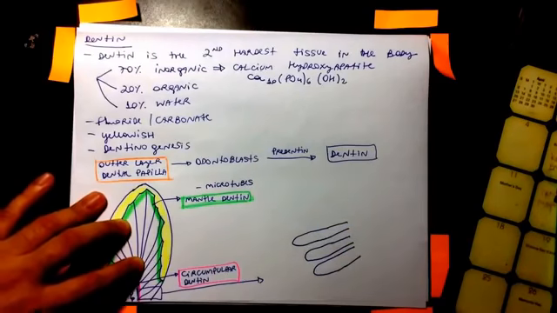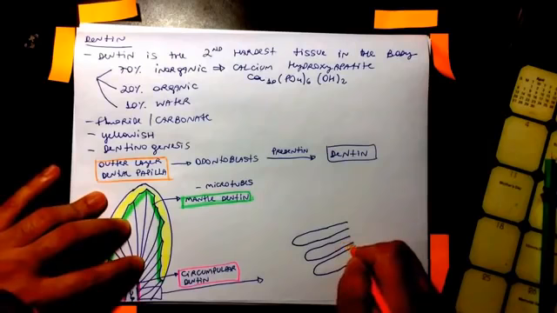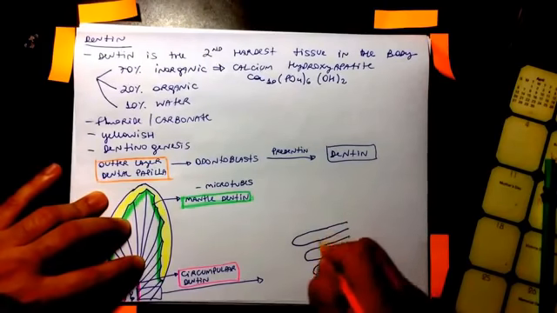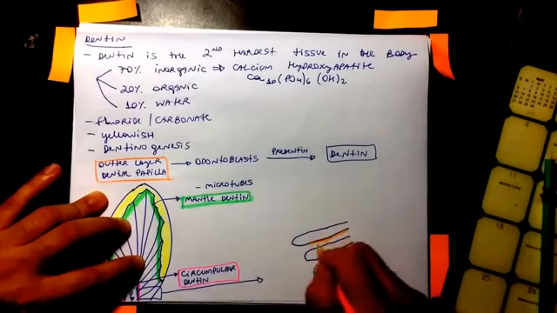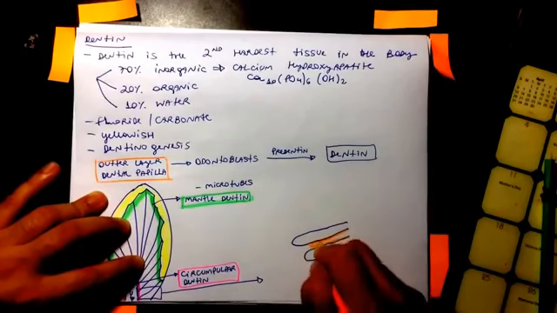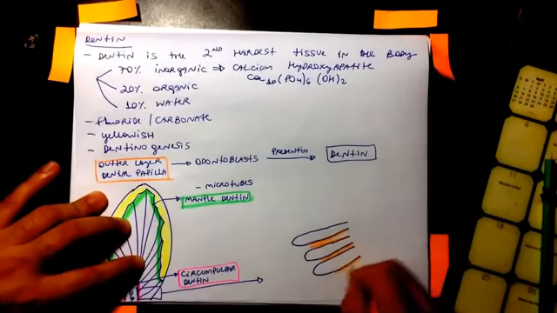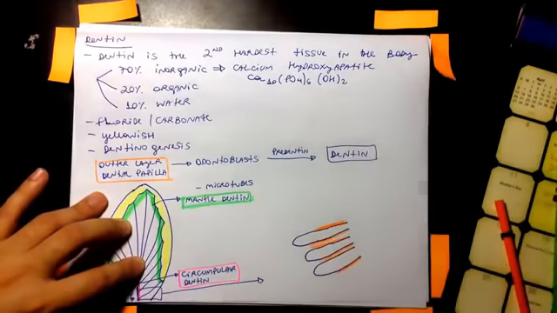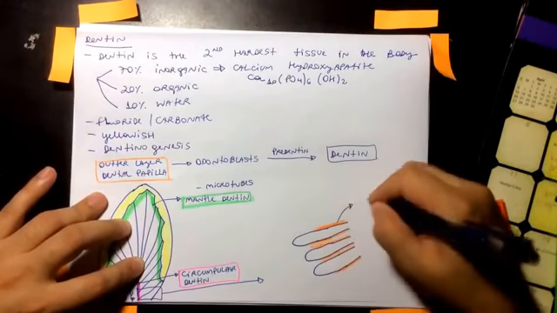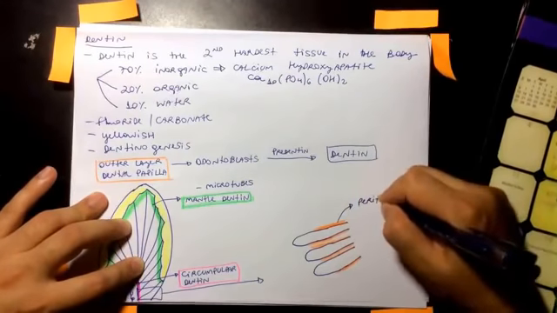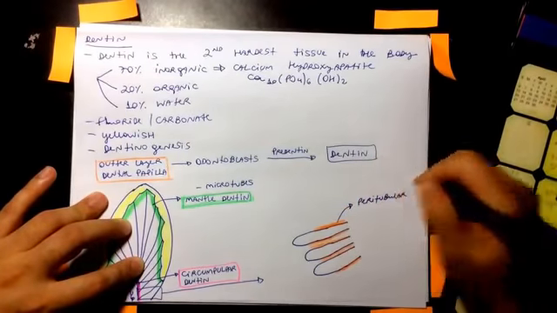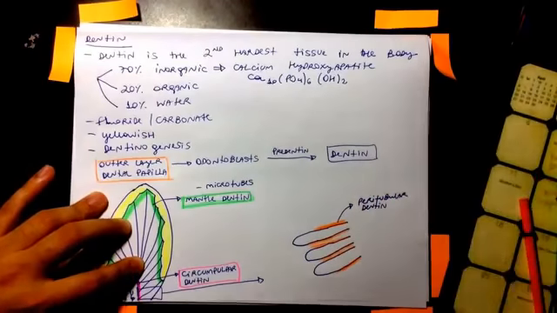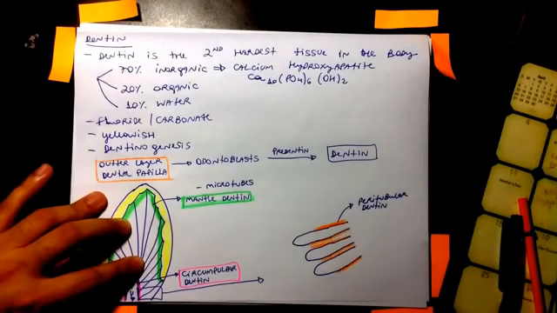Okay, so the inside part, the walls of the tubules, which I'm gonna make in orange. See, just this part that makes the walls of the tubules over here, we're gonna call this peritubular dentin. Okay, peritubular dentin.